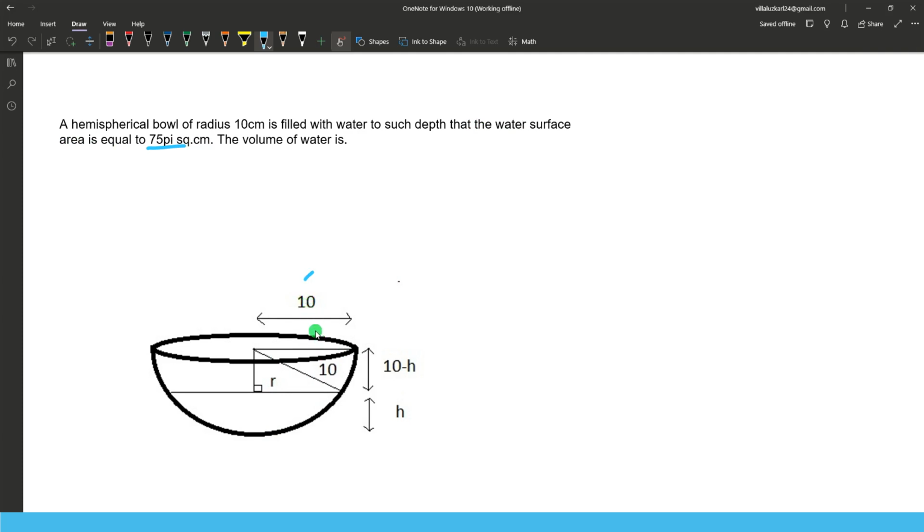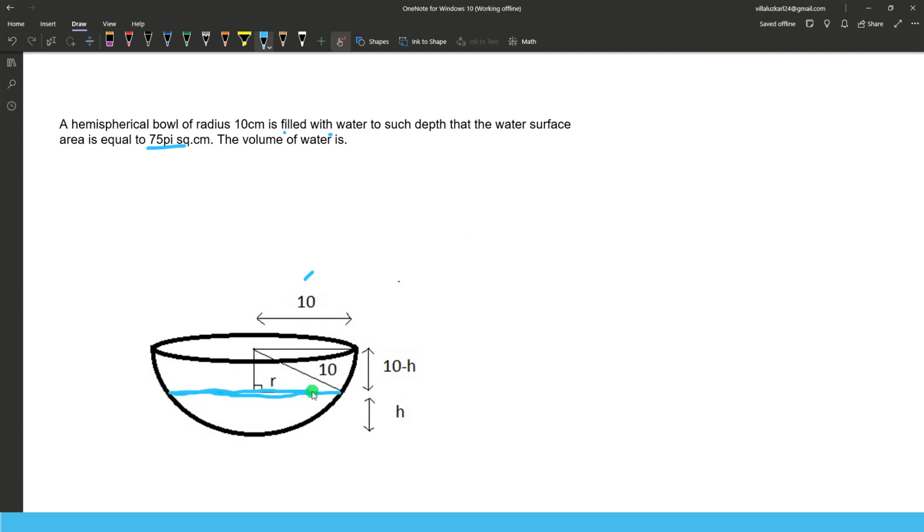It's not said there that the hemispherical bulb is fully filled with water. It is filled at a certain depth that we don't know yet. But it is given that the water surface area is 75 pi square centimeters. So let's say this is the surface of the water.